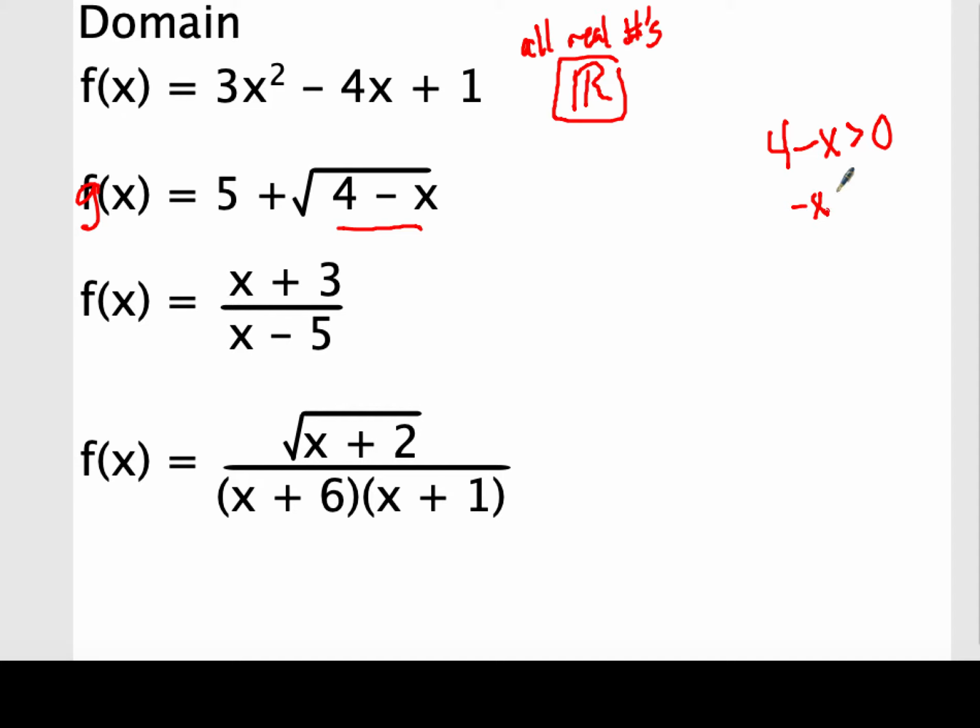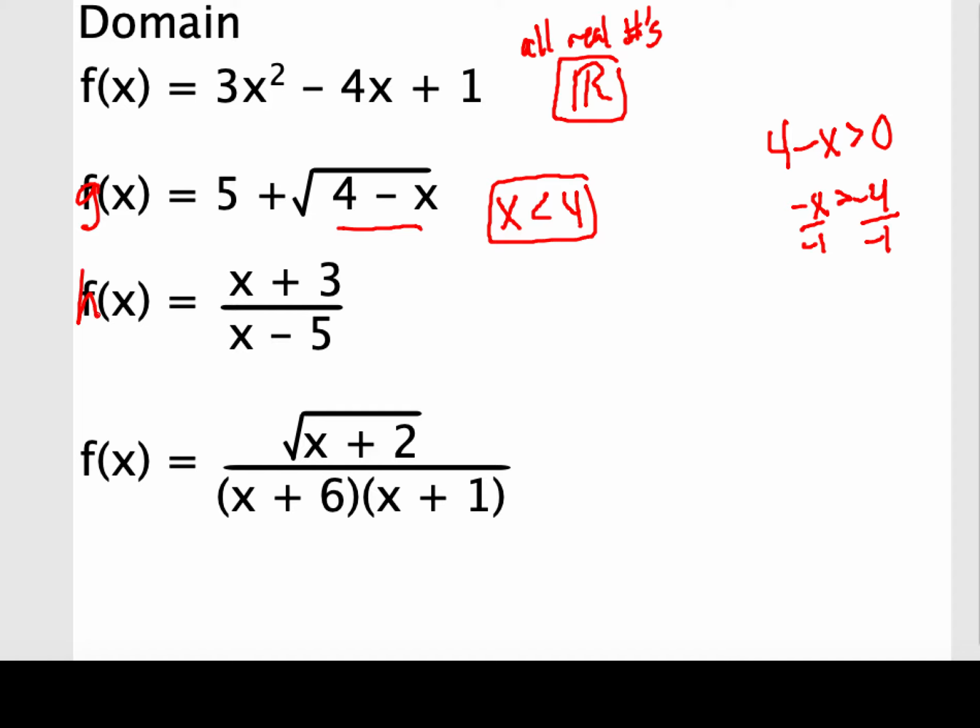Negative x would be greater than negative 4 if I subtract 4 to the other side. And if we divide by negative 1, right, we quickly find out that x needs to be less than, remember if I divide by a negative, I flip that sign. Negative 4 over negative 1 would be 4, and we have a domain that x is less than 4.